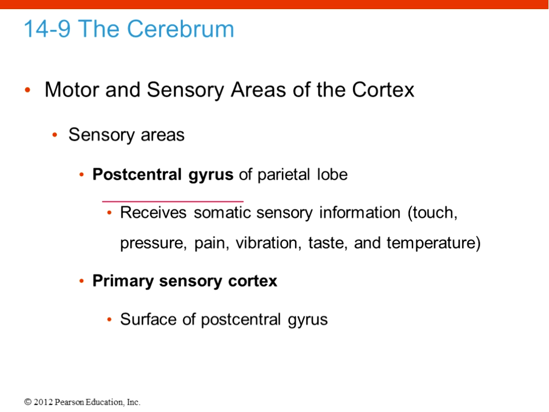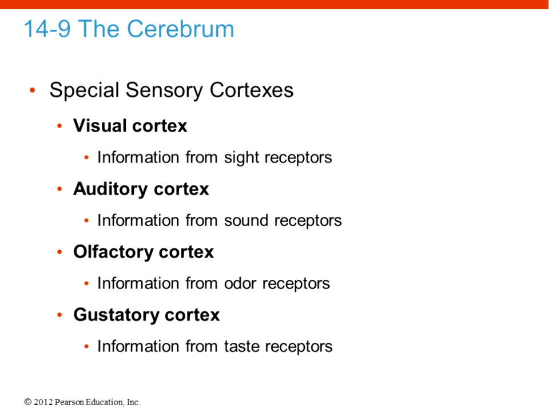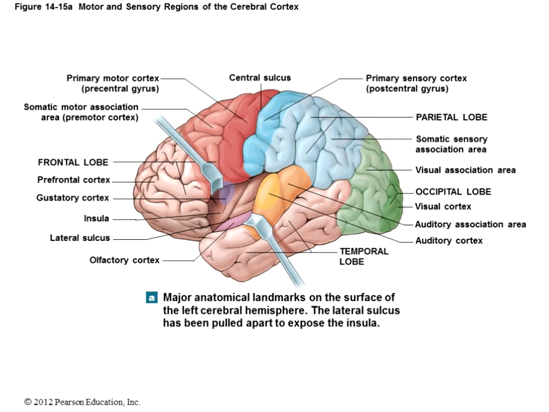Okay? Sensory areas of this region are in the postcentral gyrus of the parietal lobe, also referred to as the primary sensory cortex. Okay? There are other special sensory cortices like the visual cortex, auditory cortex, olfactory, gustatory, right?